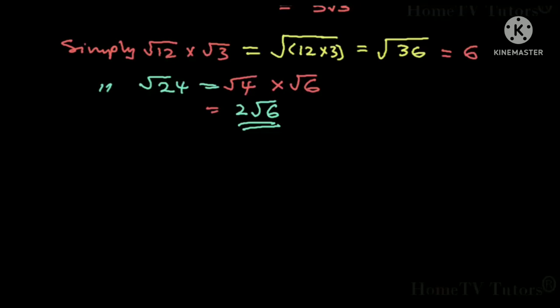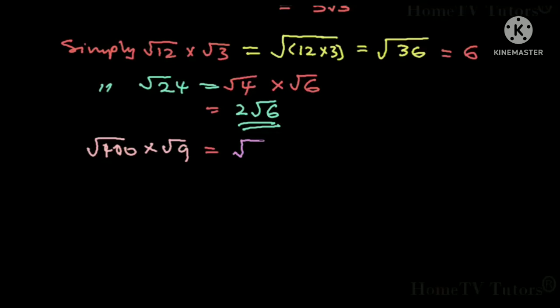Let's simplify this as well. We have square root 400 times square root 90. Good. So we rewrite these, or we simplify further.